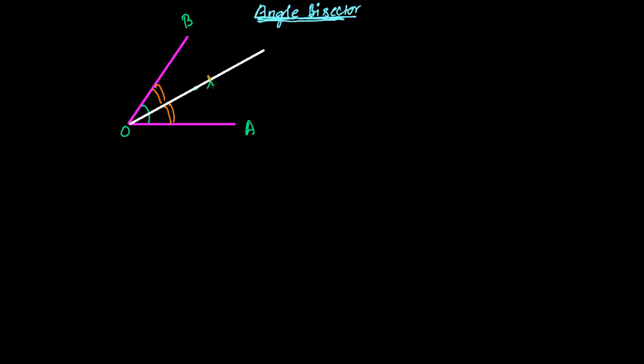I mean to say, if this is X degree, then this is also X degree, or whatever the angle is here, the same angle is here. So I can say that these two are equal angles.